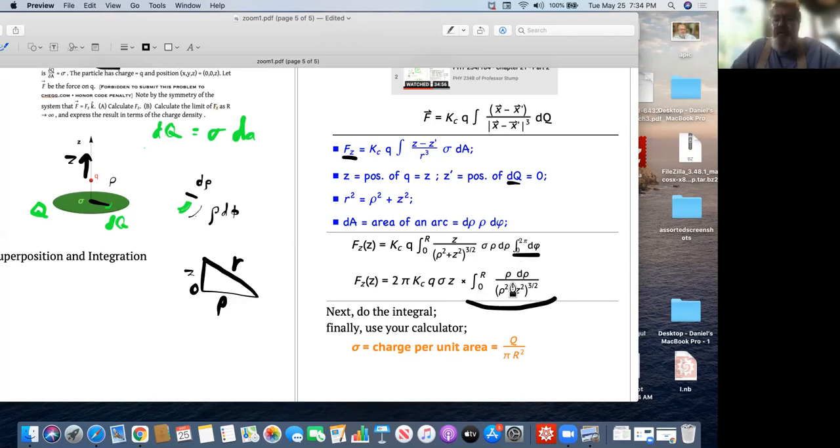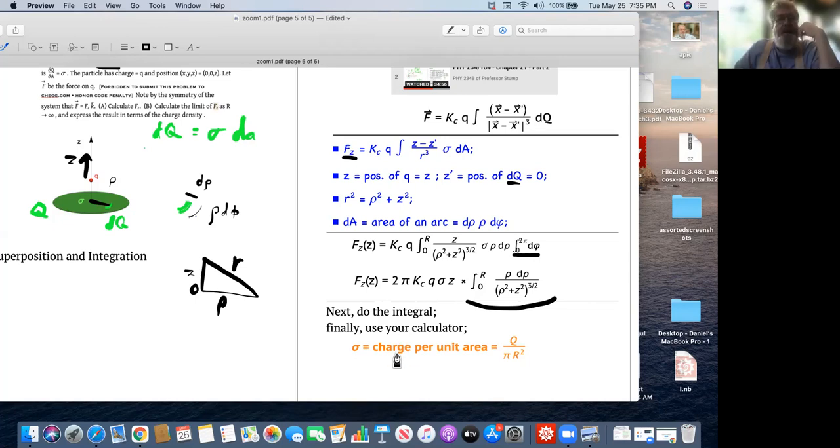Anyway, that's an elementary integral. But you can calculate this integral by any of the 3 methods that I described last week. So do the integral. And then you'll have a big formula, and you have to use your calculator to multiply all these numbers together.